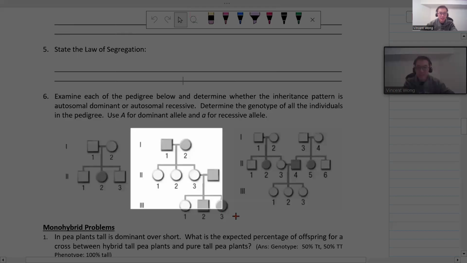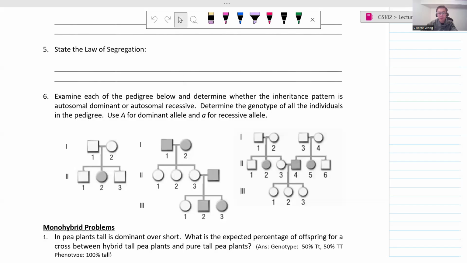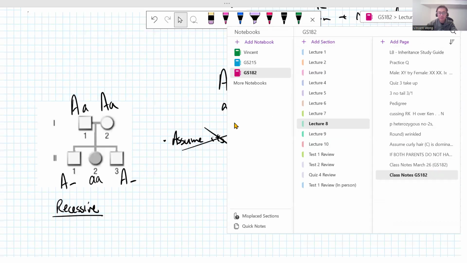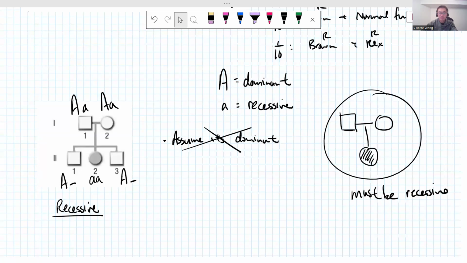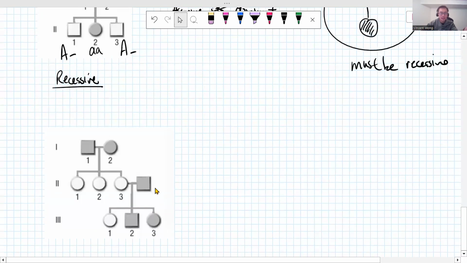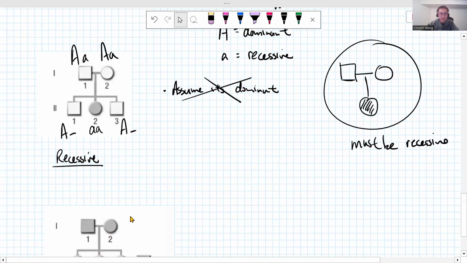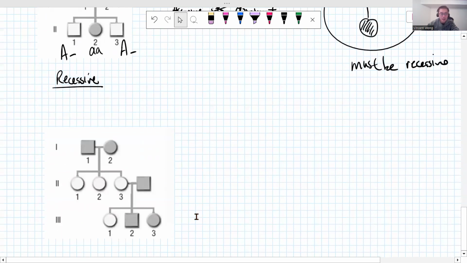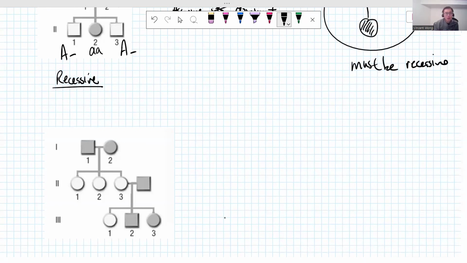So here's another one. Let's try this. Now this one, do we see this pattern? Do we see parents have it, but the kids don't? The parents are shaded and three of the children are not shaded, and only one of them has it.